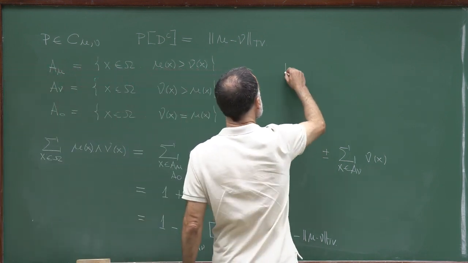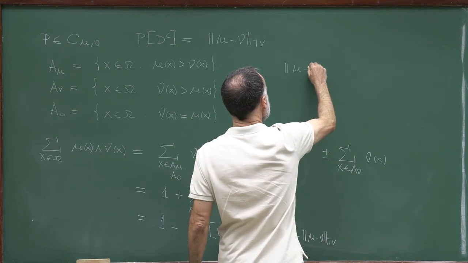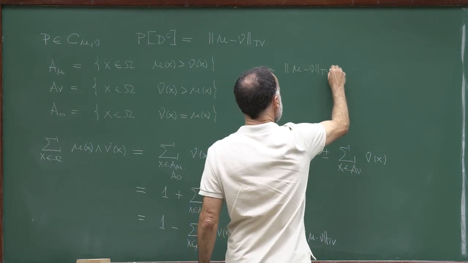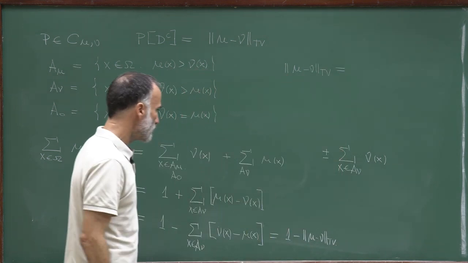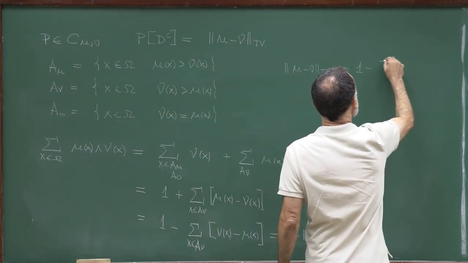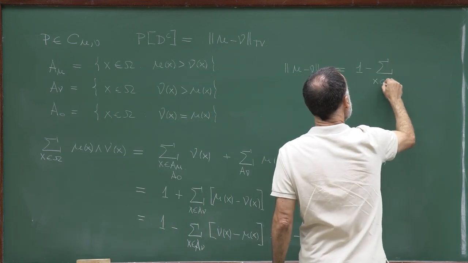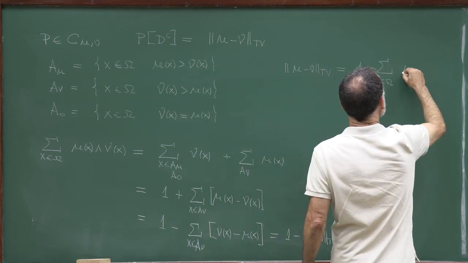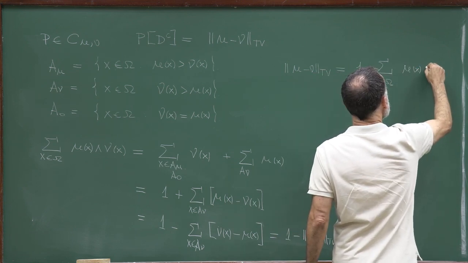So my conclusion is that the total variation between mu and nu is equal to 1 minus the sum for x in omega of the minimum of mu x and nu x.